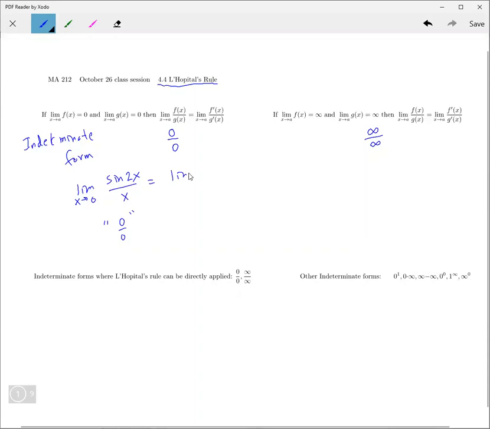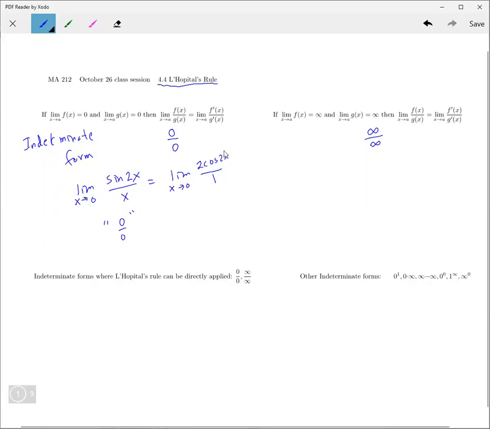And so if you apply L'Hopital's rule, now L'Hopital's rule is not the quotient rule. It's simpler than that. If you have this form, you take the derivative of sine 2x, which is just 2 cosine 2x, and you take the derivative of x, which is just 1.